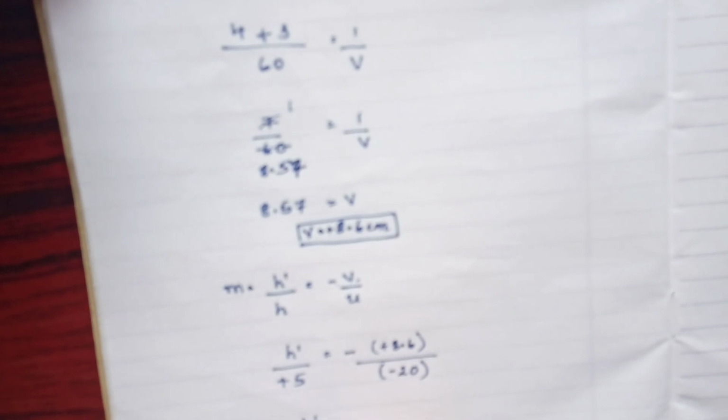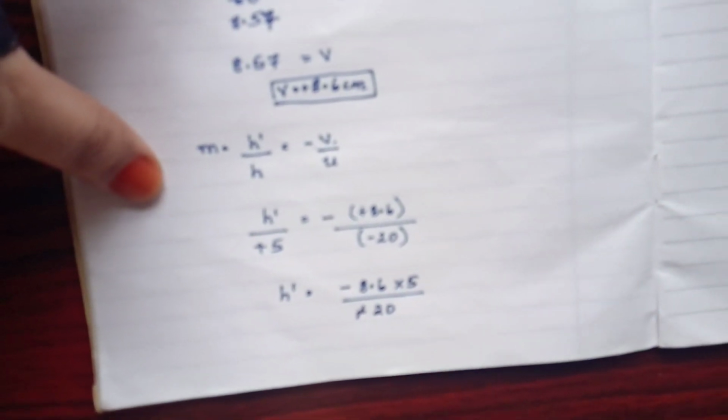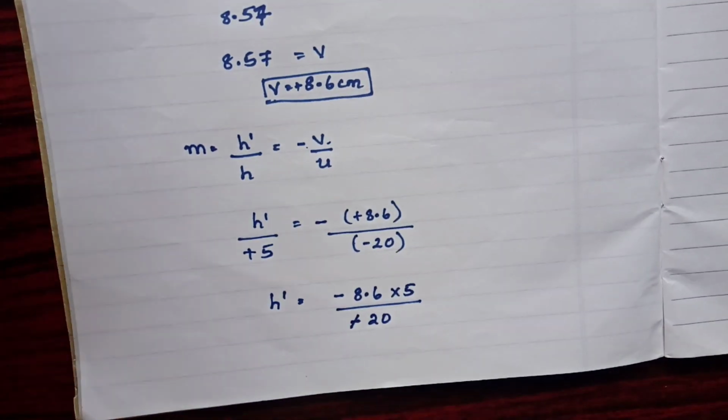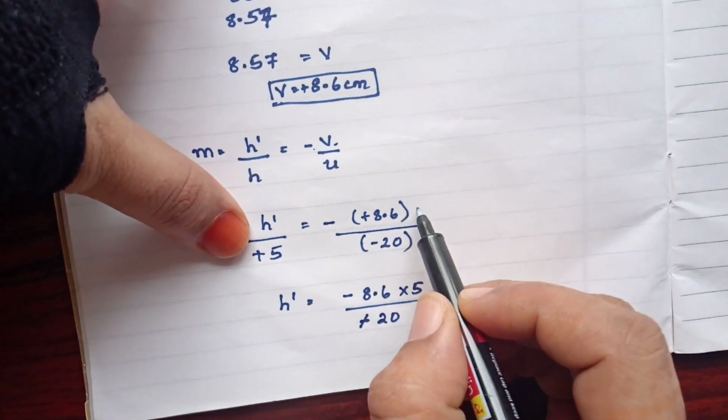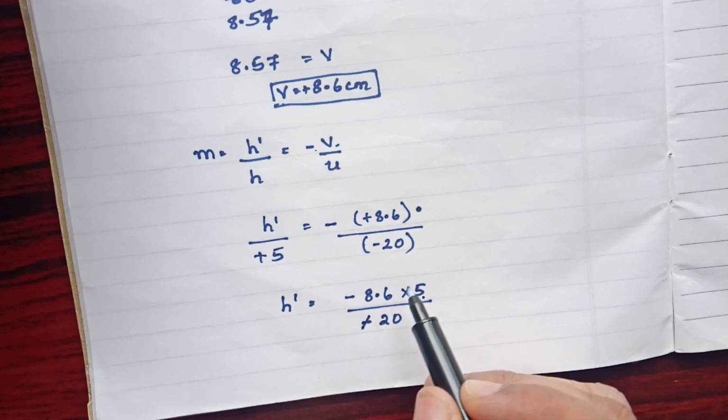So now h dash is equal to, see here, this minus plus minus 8.6. This is going to come over here into 5 upon minus 20. So I've just, see here, this 5 I have brought over here on this side, minus plus minus 8.6.